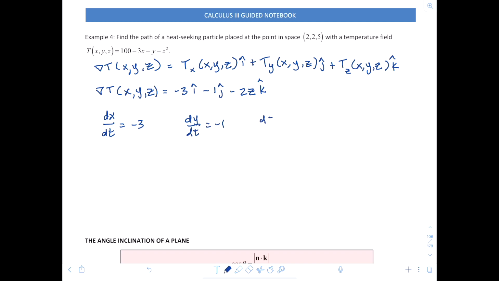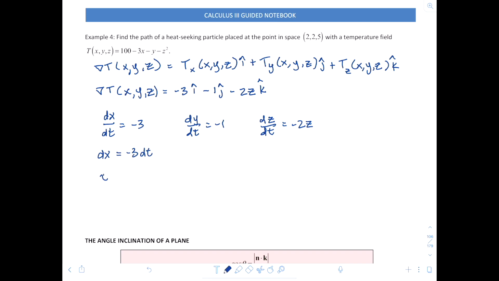And the instantaneous rate of change of z with respect to t is -2z. So that would give us that dx is equal to -3 dt.